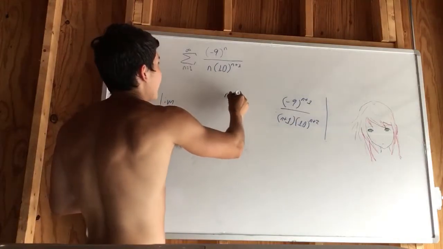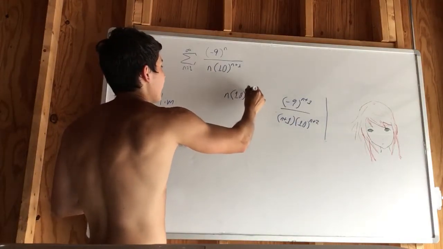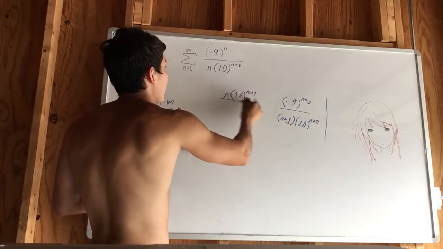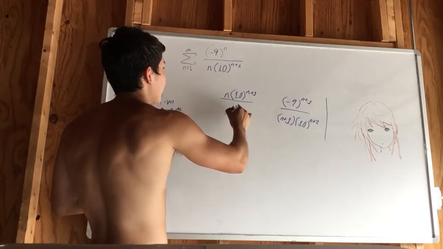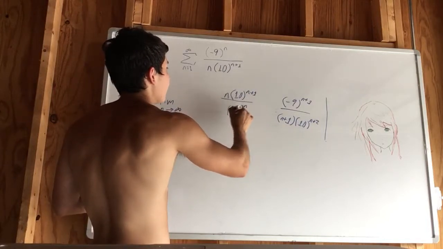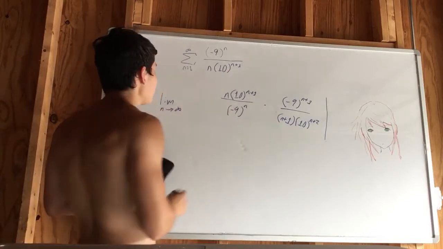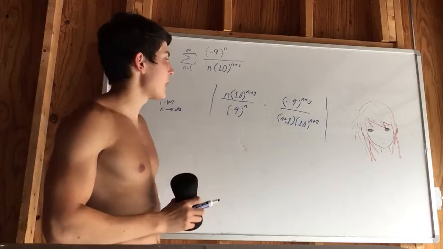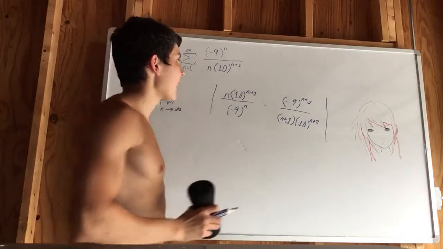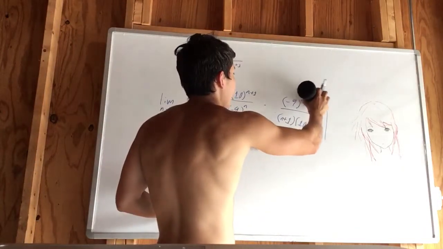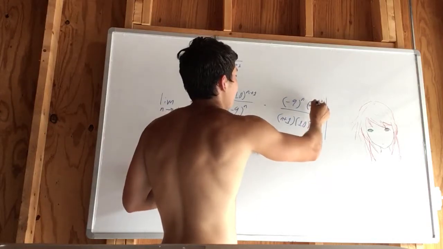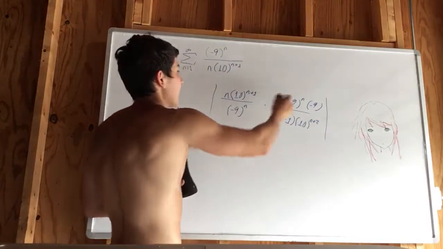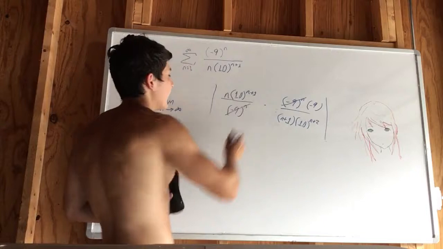So this would be n times 10 to the n plus 1 over negative 9 to the n. And now we can cancel stuff out. What do you see that cancels out? Well, we have negative 9 to the n times negative 9 in here, so I can cancel this with this.